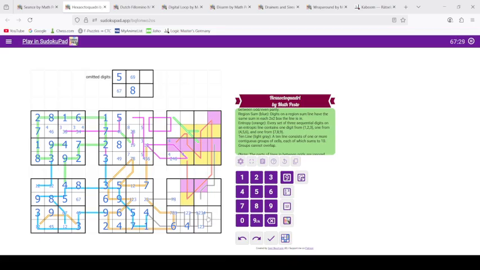And if this was not... Can this be missing a 1, 2, or 3? This has to have a 1 in it. Does it have to have a 2 in it?